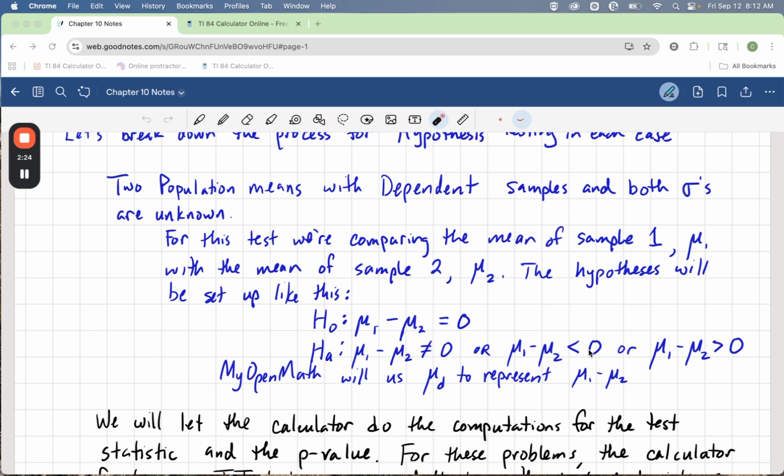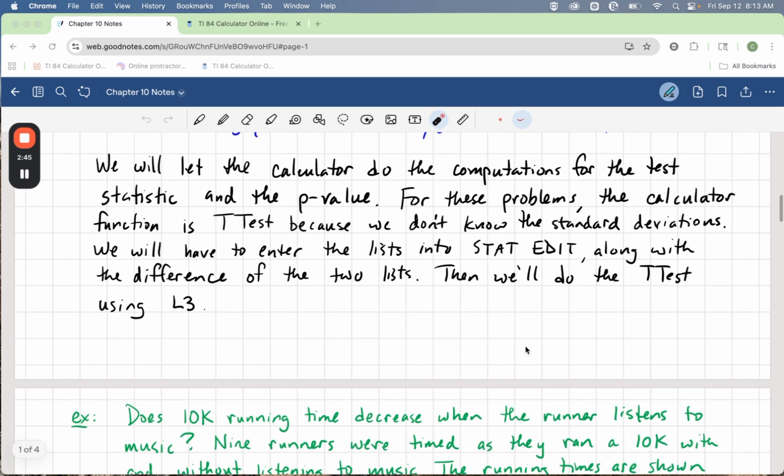So in MyOpenMath, you're going to see the problems when you go down. The null hypothesis is always going to be mu sub d, which is the difference in the means, representing mu1 minus mu2, okay? That's what MyOpenMath does. So we're going to let the calculator do the computations for the test statistic and the p-value, all right?